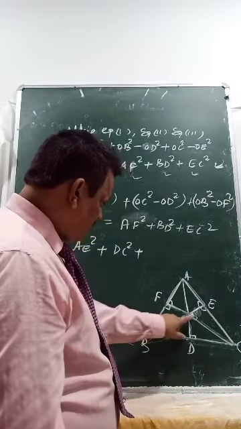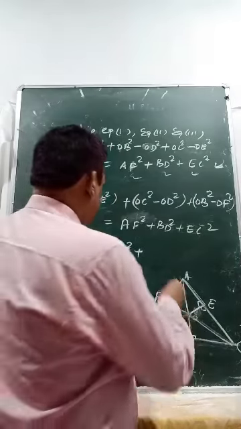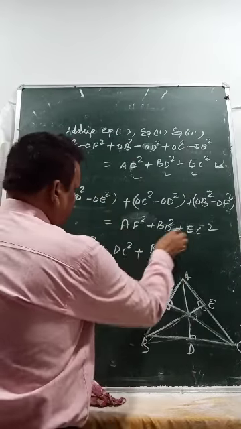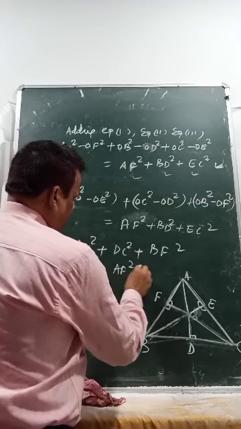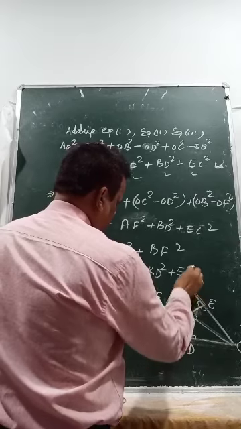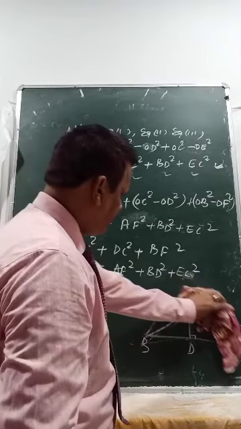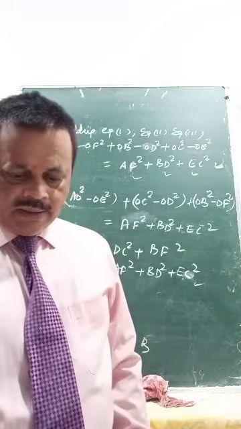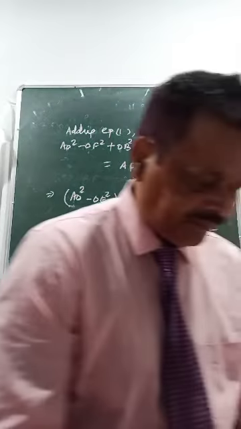OB square minus OF square is equal to BF square. Equals, this will remain AF square plus BD square plus EC square. Okay. Next question.